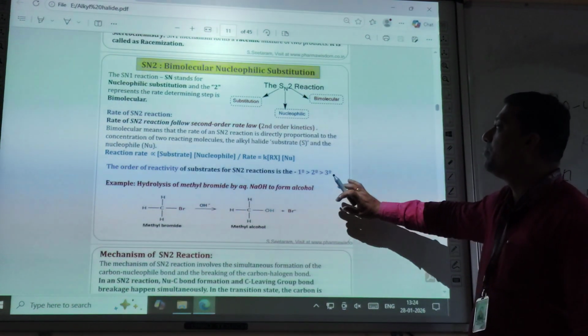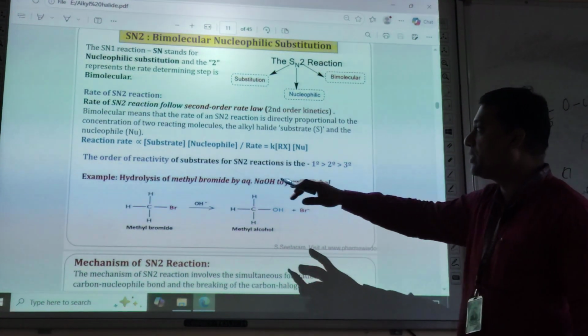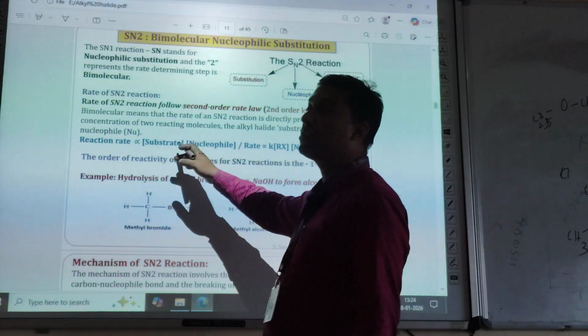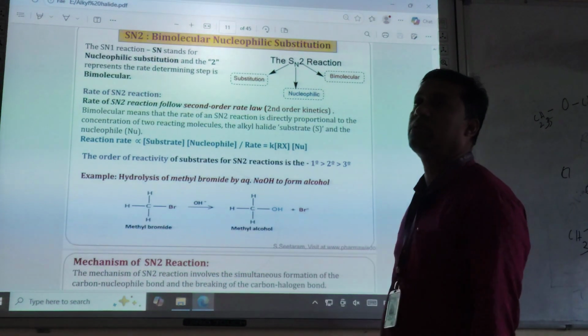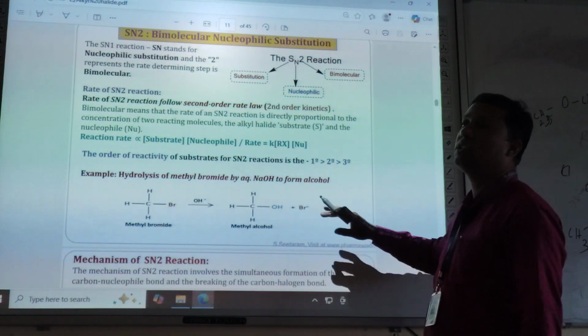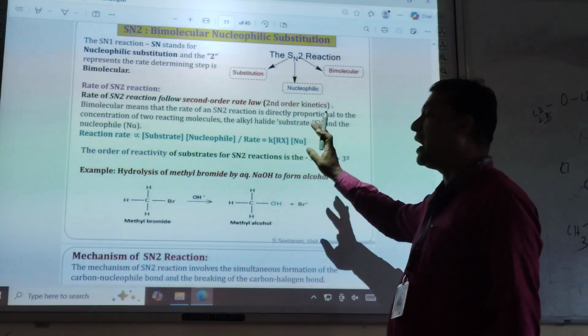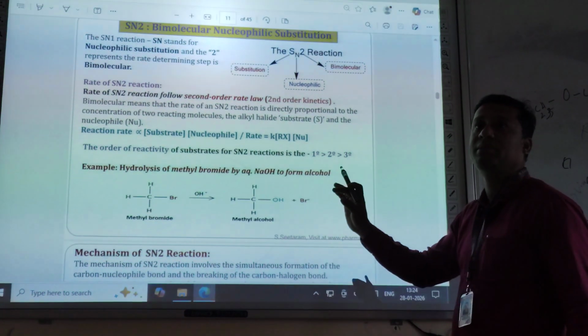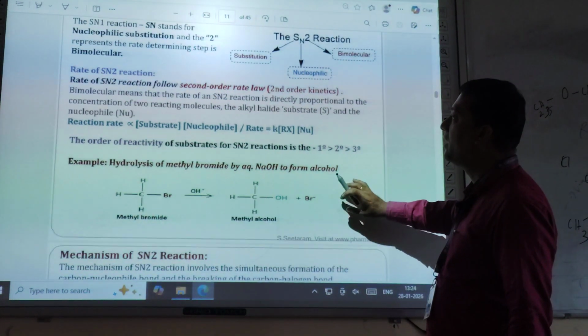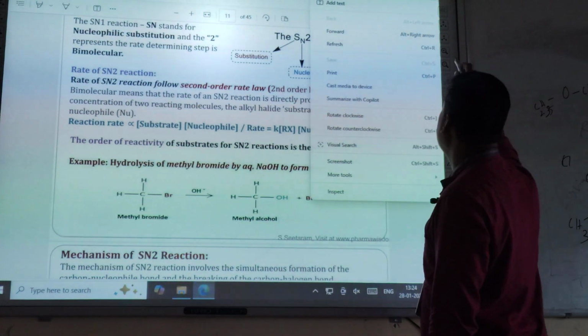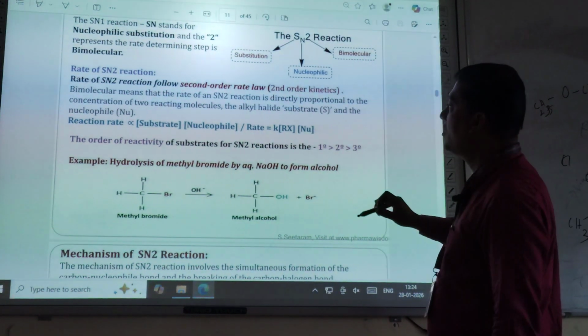Substitution nucleophilic bimolecular. The rate of reaction is directly proportional to the concentration of substrate and the concentration of nucleophile, or the rate is equal to k times the concentration of alkyl halide times the concentration of nucleophile. K is the rate constant.